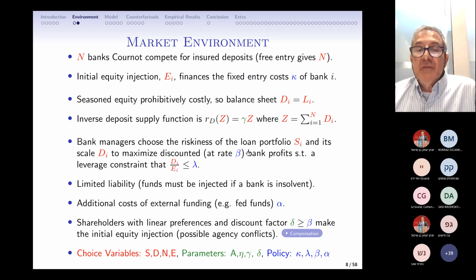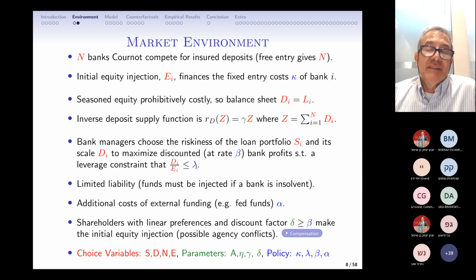The stuff in blue here, I'm going to think of as policy variables. You might be asking why blue is a policy variable; I'll get to that in a second, but here's a leverage constraint.